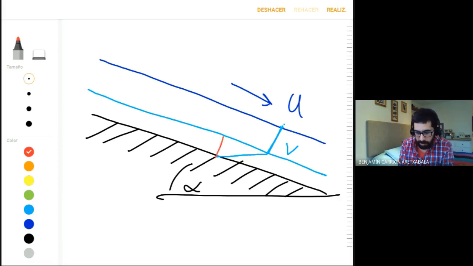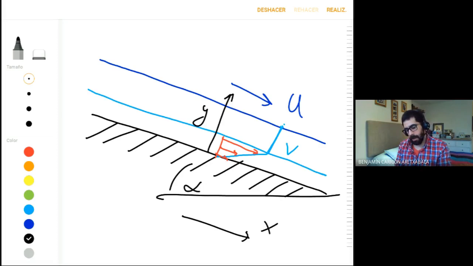Near the bottom it is almost 0, but here at this boundary it is larger. Okay, and normally we're going to call this dimension y, and this dimension x. Okay, and from this point upwards, the water has a constant velocity.